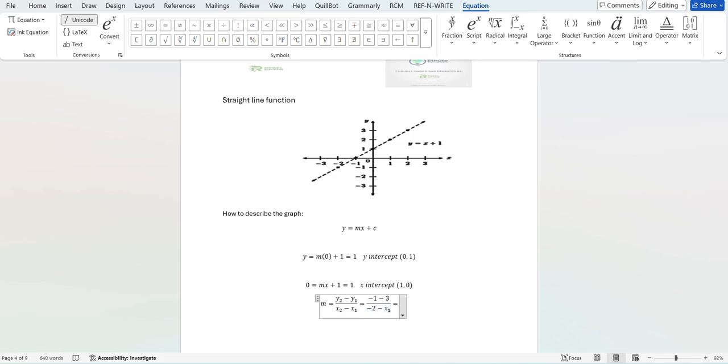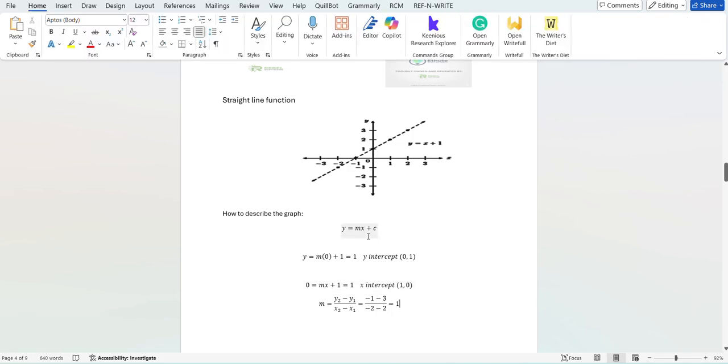As you can see, it's going to be 3 over 3... so the gradient is 1. I was just proving this for you guys so that you can know. So this is how we deal with a linear function, a straight line function.